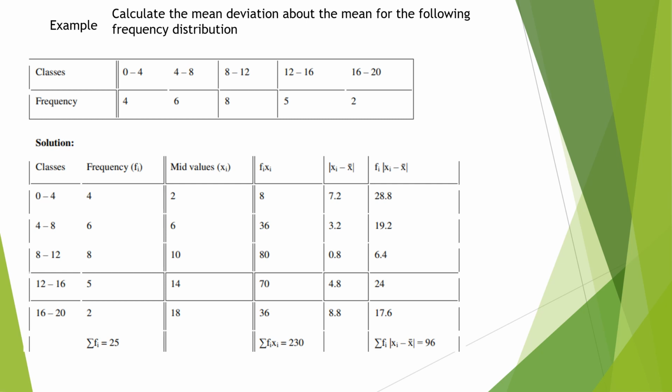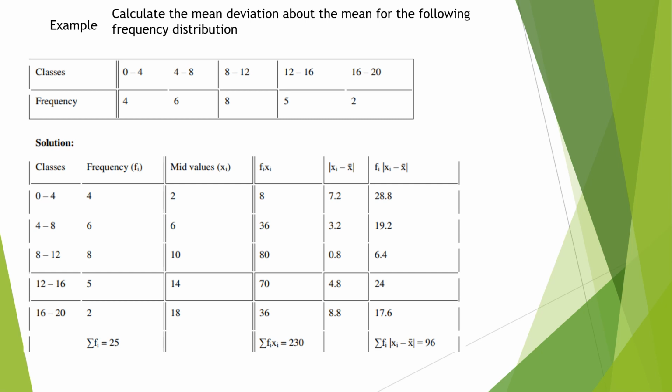Then we need to find the mid values. Mid value is lower limit plus upper limit divided by 2. The lower limit is 0 and upper limit is 4, so 0 plus 4 divided by 2 is 2.